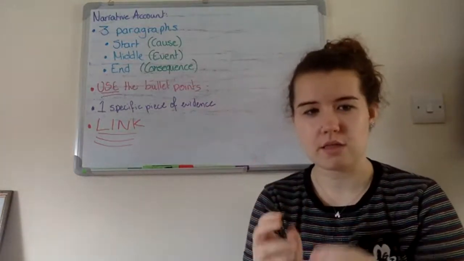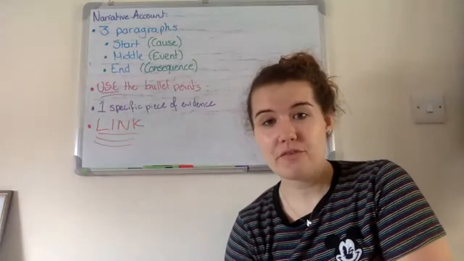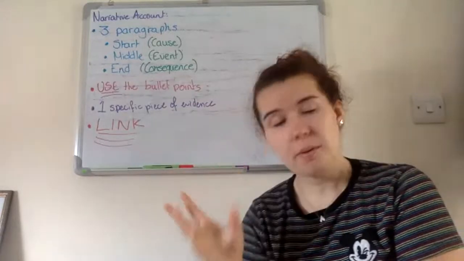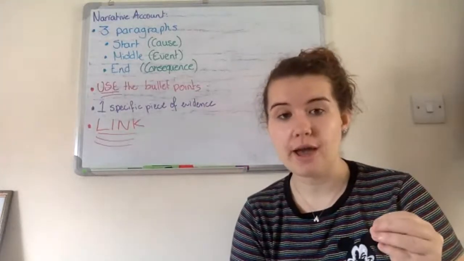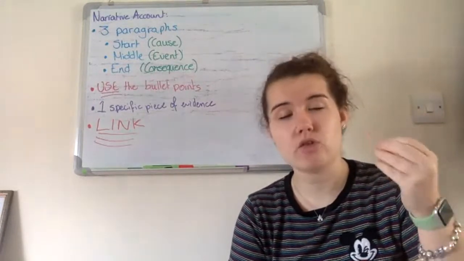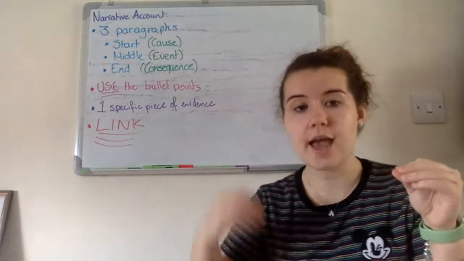Hoping this makes sense. So when you are linking in a narrative account, you need to be pulling in your English brain here. You're probably thinking, Miss, hang on, that's a separate subject. But you need to be thinking about your English skills and your literacy skills, and thinking, how do I connect one idea to the other?